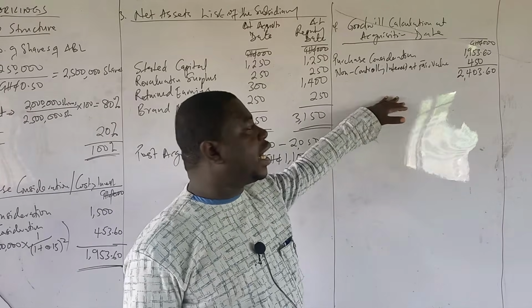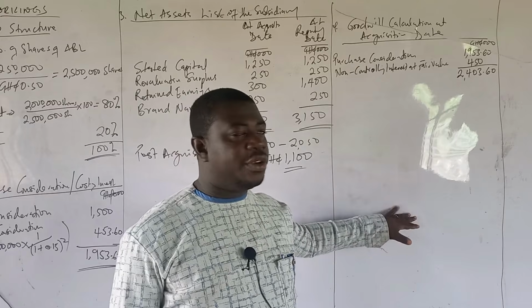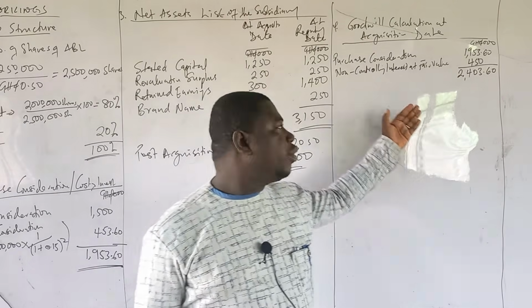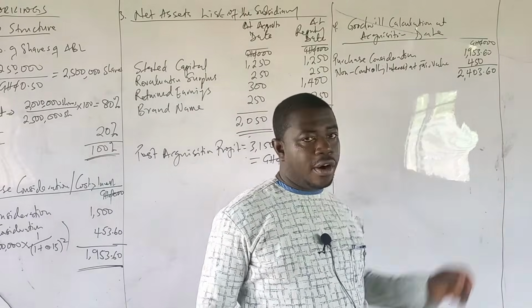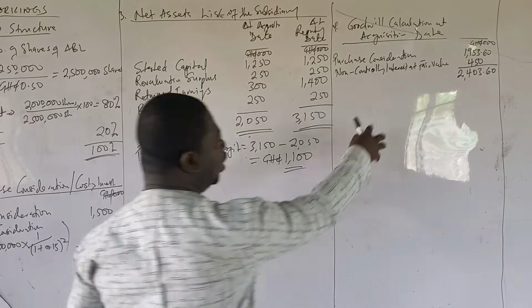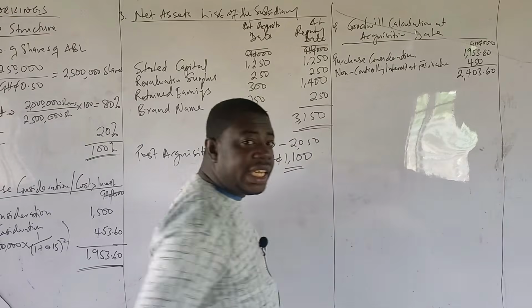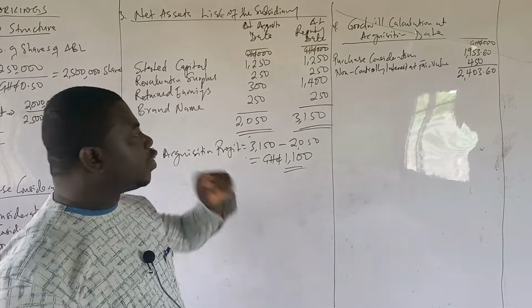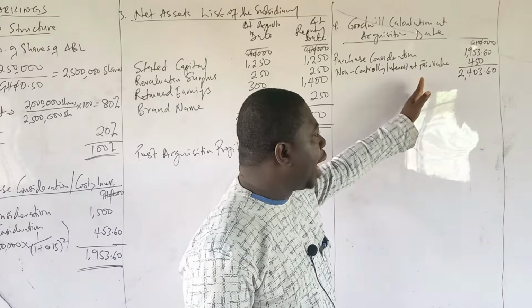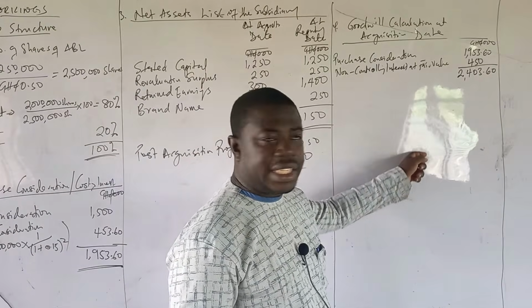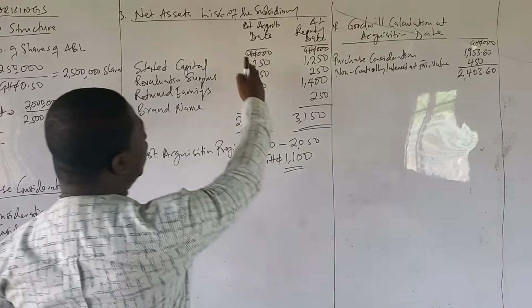And then we can now take out the fair value of net asset taken over. But remember that over here, we are not going to strike any percentages because this value represents 100% of the cost of investment. So we are going to list the fair value at acquisition date. And ladies and gentlemen, the reason why I did this before going here is that it will save me time. I'm not going to list all these net assets again because I've already done that here.